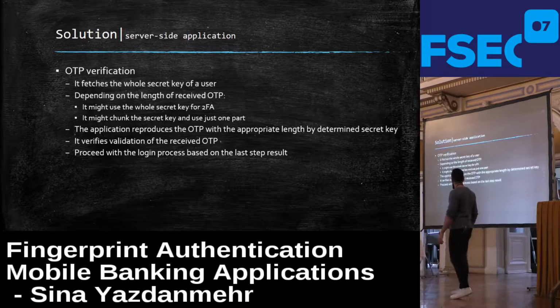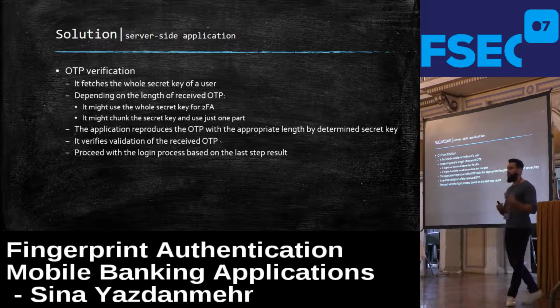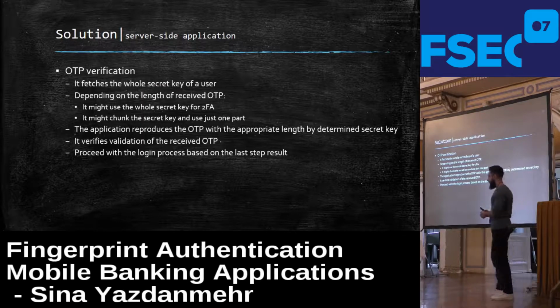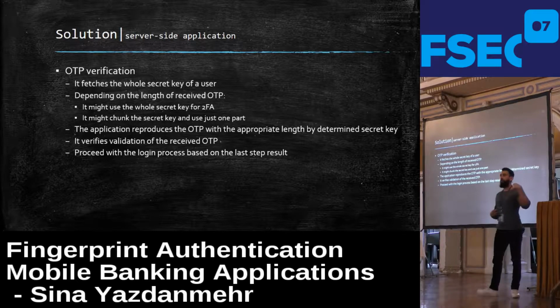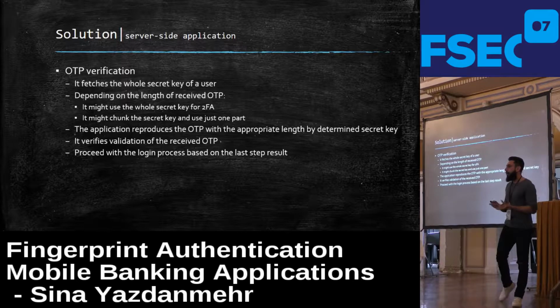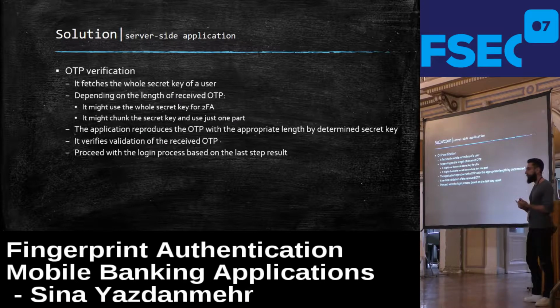But for OTP verification, when the server app receives data for authenticating or signing transactions, based on the length of the received OTP, it decides which part, or maybe the whole secret key, should be used.